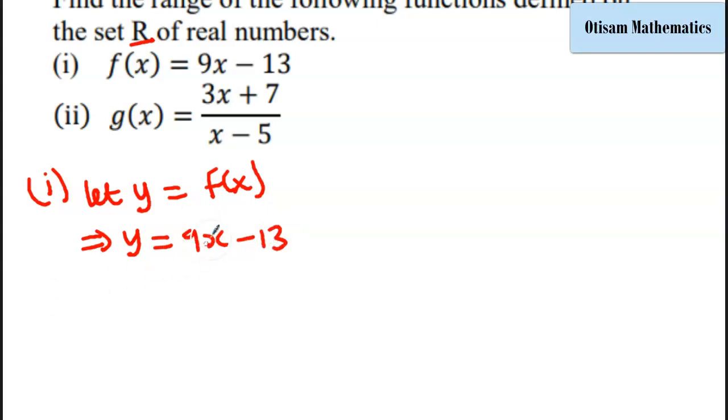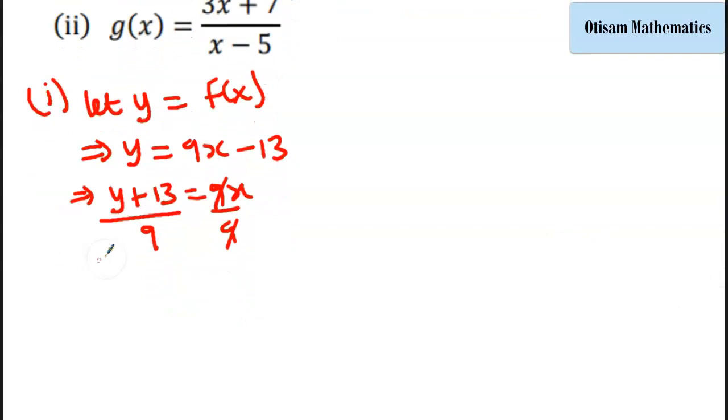We then make x the subject. We send 13 to this side, so y plus 13 equals 9x. We then divide both sides by 9, so x equals 1 over 9 times (y plus 13).